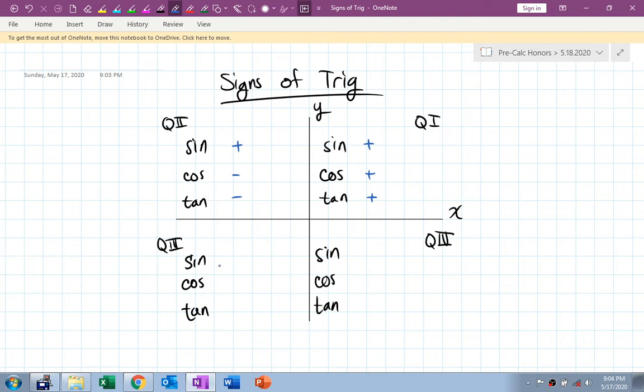So now here, sine is going to be negative, cosine is going to be negative, but tangent is positive. And again, that's because tangent involves y and x. But if they're both negative, y and x, it becomes positive. And then in this last one, sine's negative, cosine's positive, tangent's negative.